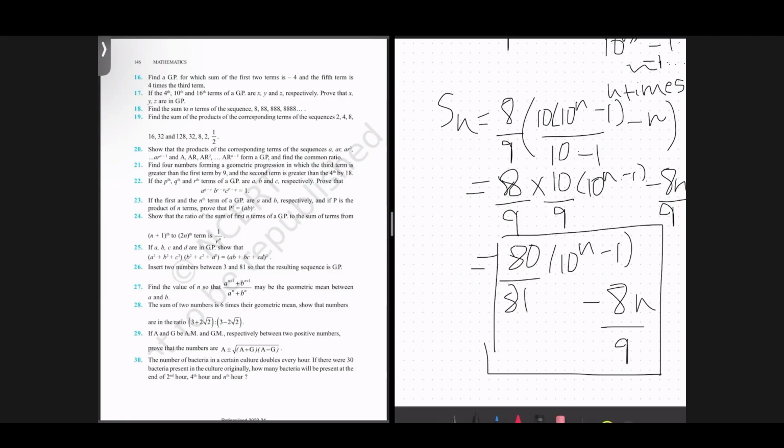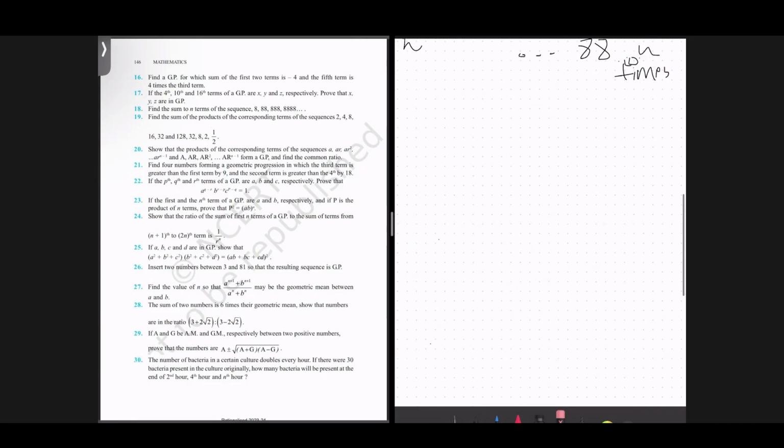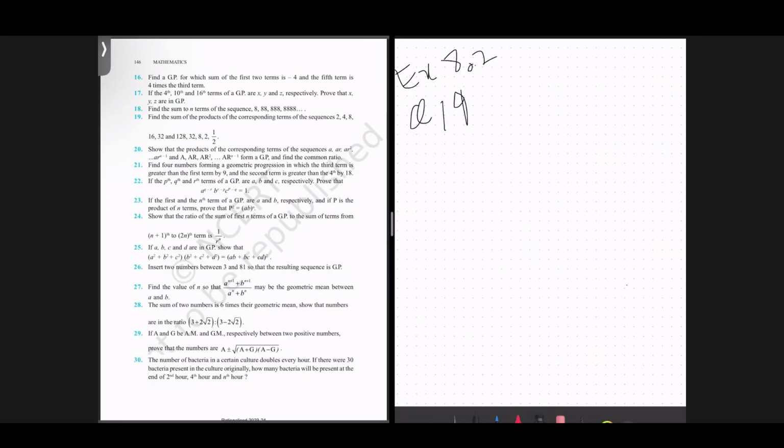Right. Moving on. We are going to now solve the 19th question. In the 19th question, we have been asked to find the sum of the products of the corresponding terms of the sequence 2, 4, 8, 16, 32 and 128, 32, 8, 2 and half.